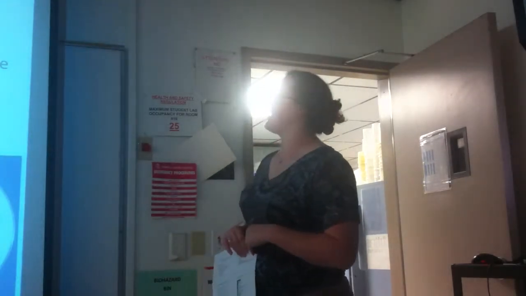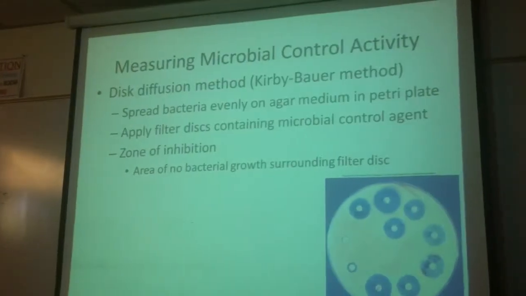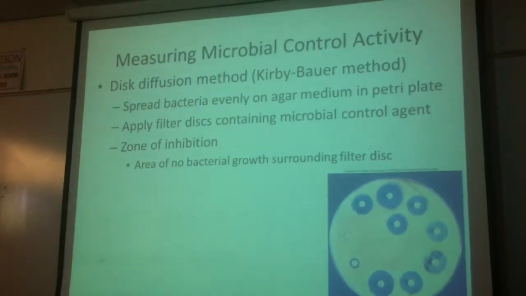Okay. Measuring microbial control. This is disc diffusion, the Kirby-Bauer method. You spread bacteria on a plate, you get a nice pretty lawn, and you can then put these little filter discs with some kind of microbial control agent, so you can see how well it works.